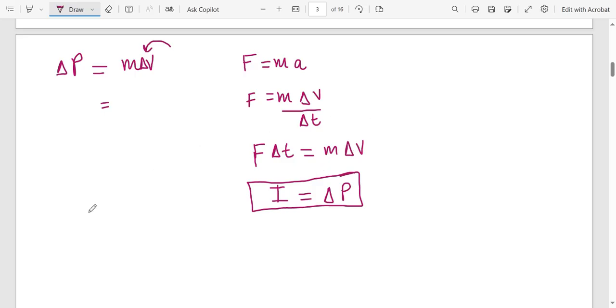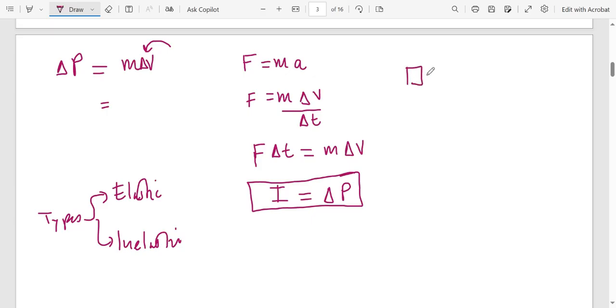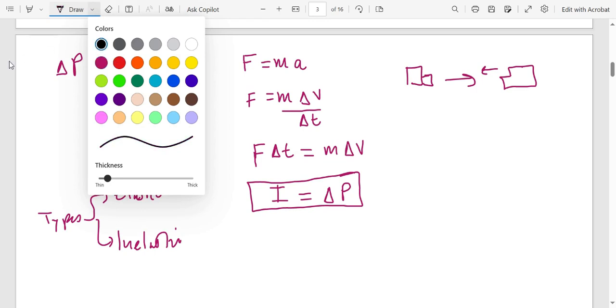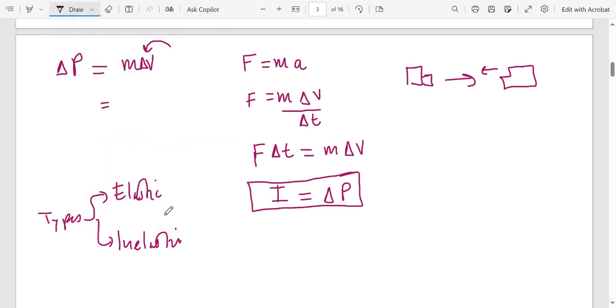When we talk about momentum, we have got two types. We have what we call elastic and inelastic. Because what happens is that in momentum, as two objects are moving, let's say this object is moving, going forward, and then there's another object coming from this direction. These objects can hit each other. So there is collision. One of the important things that we're interested in dealing with in momentum is collision. So collision can be elastic or inelastic.